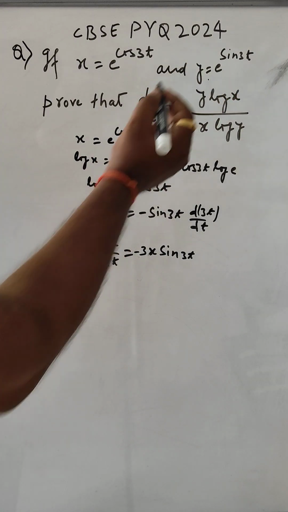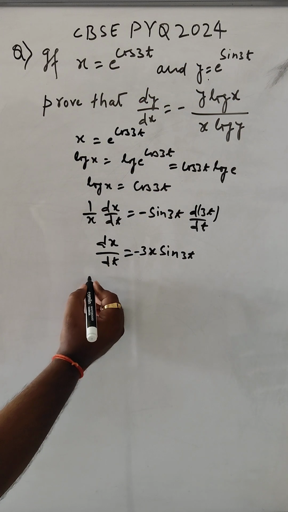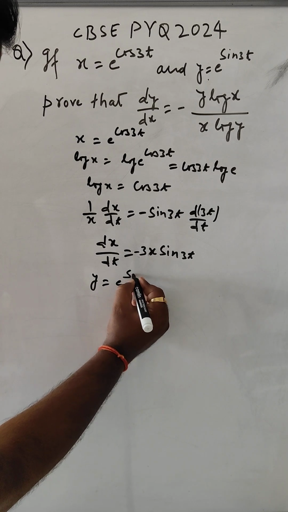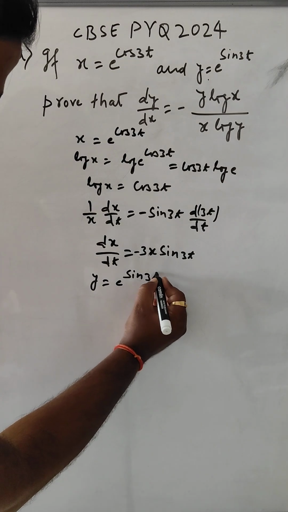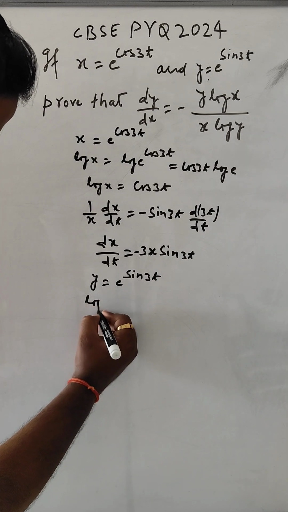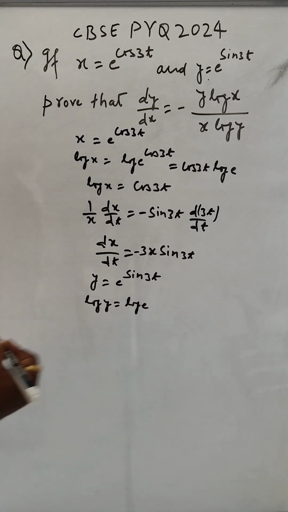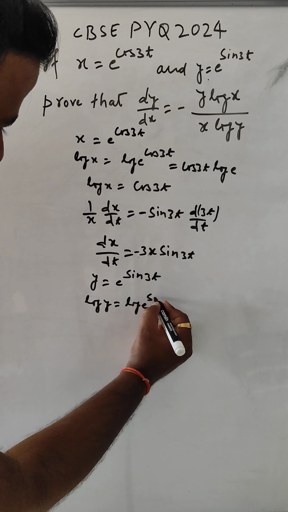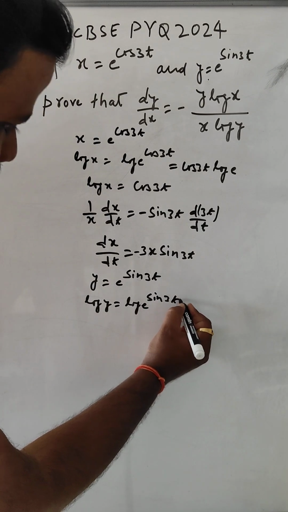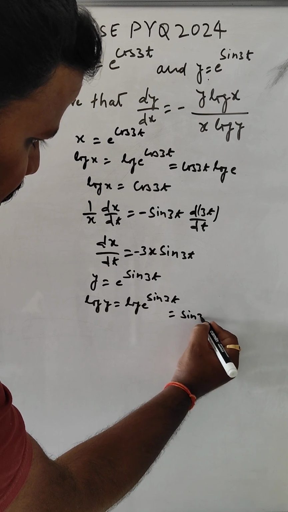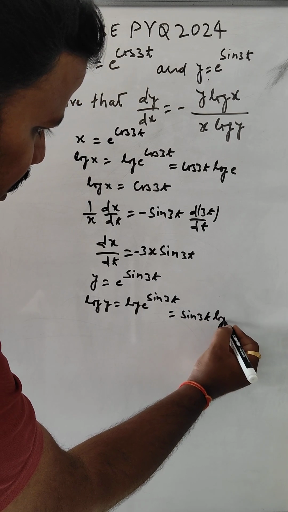Similarly, now we will do this for y. What we have is y equal to e to the power sin 3t. Taking log on both sides, log y is equal to log e to the power sin 3t, which is equal to sin 3t log e.